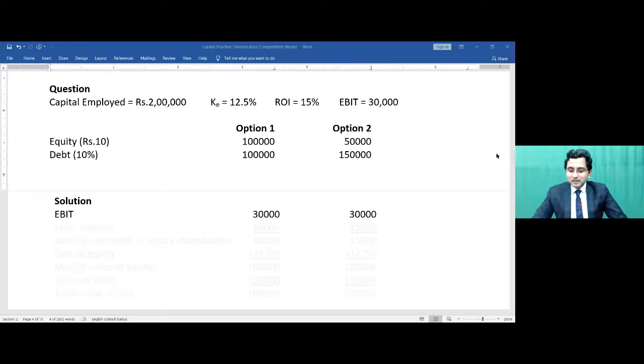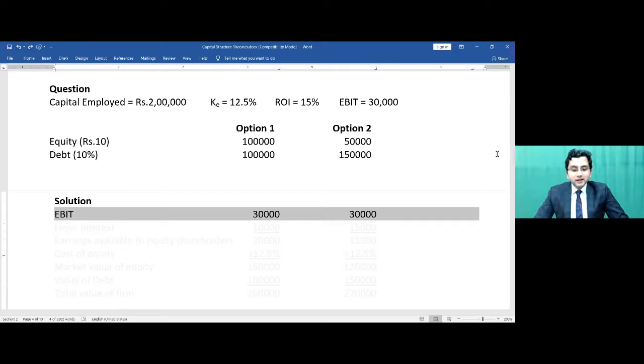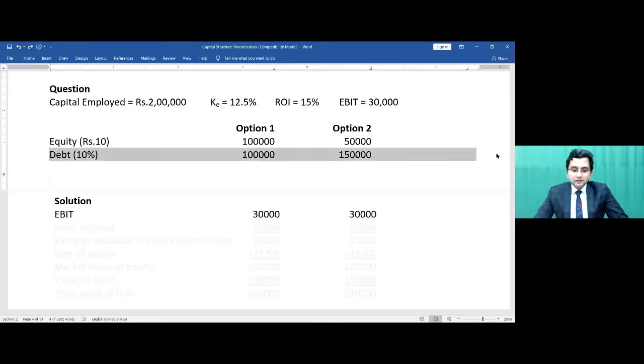Okay. So one Mr. or Miss Anonymous is saying it is not dependent. Whosoever you are, you are correct. EBIT is not dependent on capital structure. So EBIT is 30,000 in both cases. In the first case, interest is 10,000 rupees.